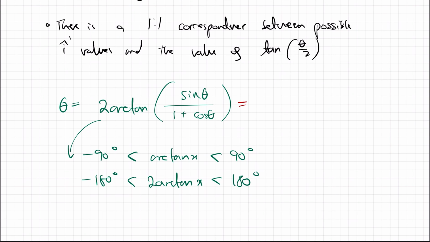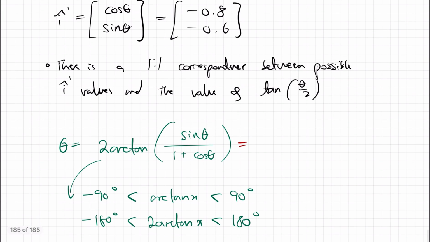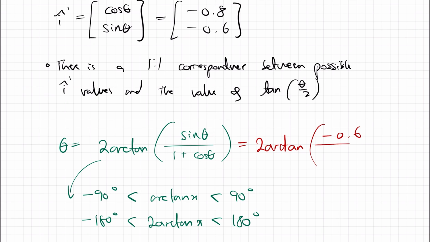And therefore you can see this is going to give us the easiest way to calculate theta given the identity. So all that comes down to is, to use this formula, we just set theta equals 2 times the arctan of sine theta, which we know has to be minus 0.6 over 1 plus cos theta, which is just going to be 0.2. And putting this into the calculator, let's see what we get.